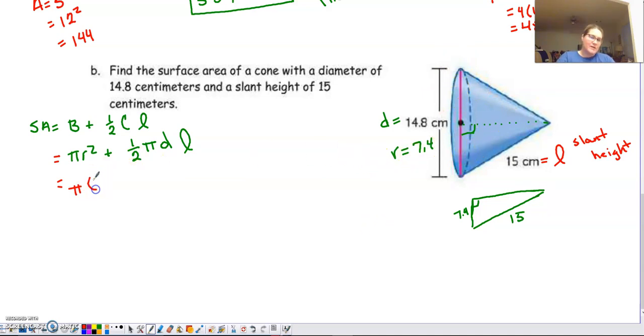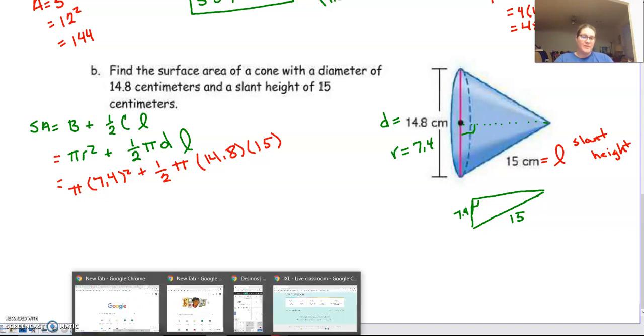R squared is 7.4 squared plus 1/2 pi times my diameter of 14.8 times my slant height that is given to me here of 15. So that's going to give me my surface area. It's going to give me all of the distance around here and the area of the base.